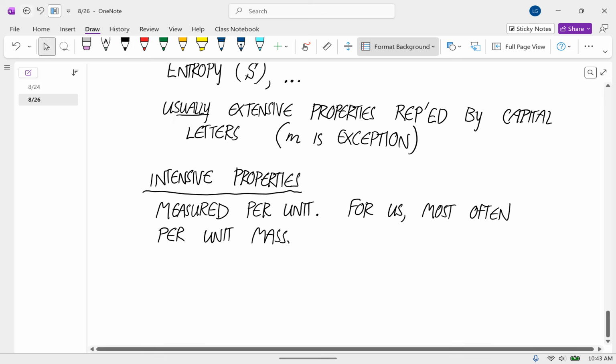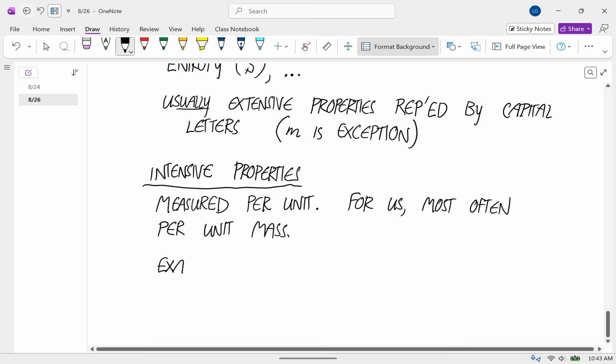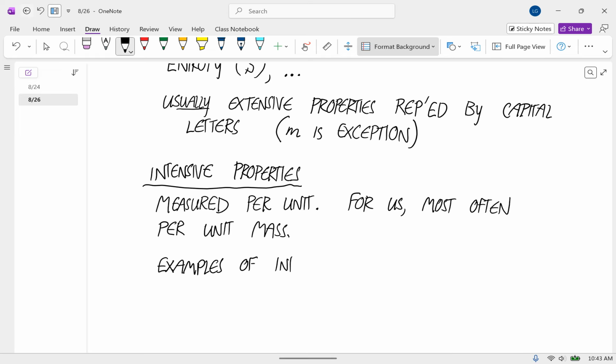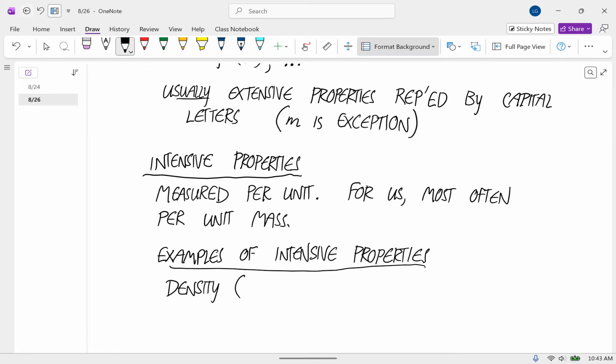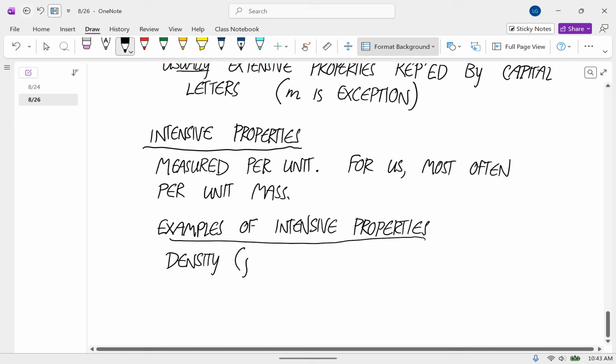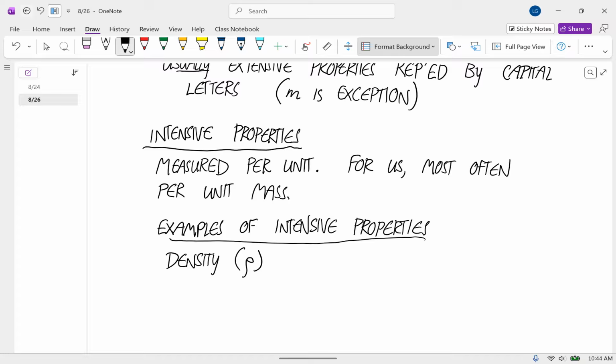So some examples of intensive properties. Our density, that's going to be represented by the Greek letter rho. Looks like it's sort of a scripty cursive p. And this is defined as mass per unit volume.